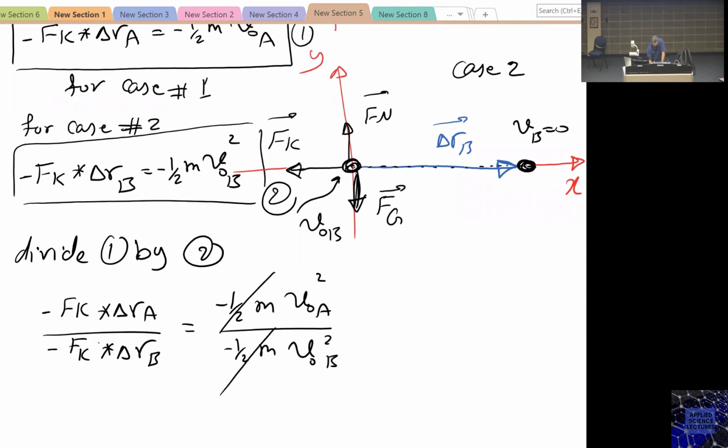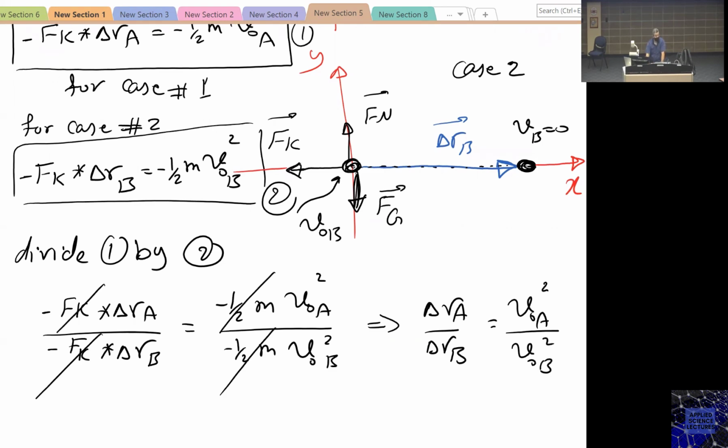This is going to cancel, this is going to cancel, so it will end up with delta RA over delta RB equals v naught A squared divided by v naught B squared.